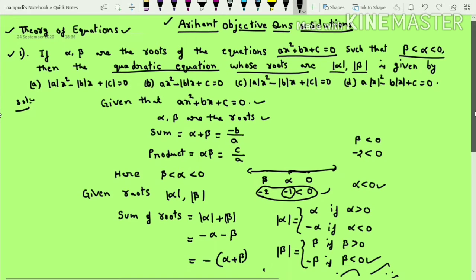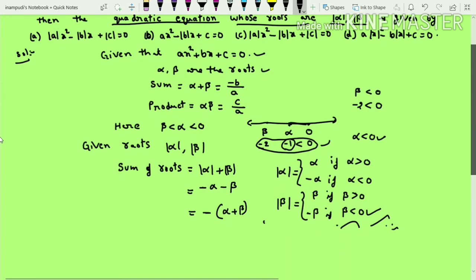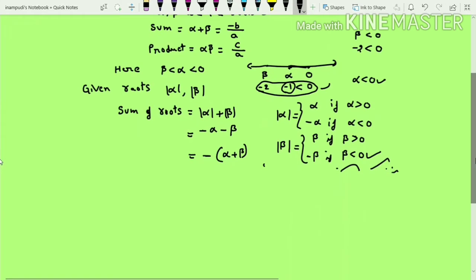Also we know from above that alpha plus beta equals minus b by a, so minus into minus gives plus, that is b by a. Here b by a is a positive value.